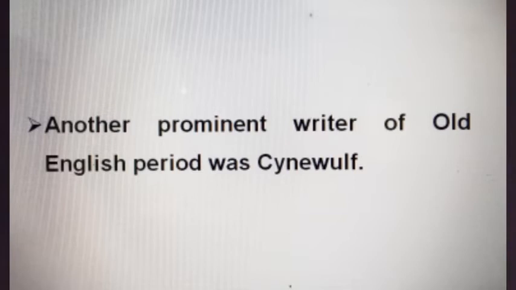Besides Caedmon, there was another prominent writer during the Old English period: Cynewulf.